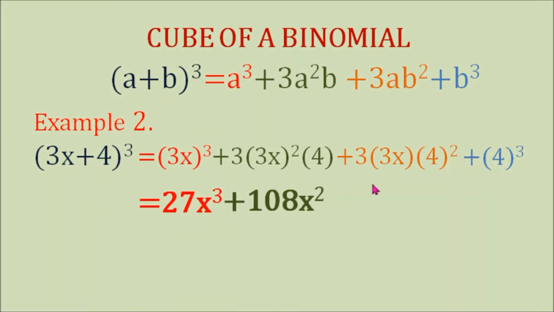For our third term, 4 squared is 16, times 3 is 48, times 3x, that's 144x. For our last term, it's 4 cubed, that means 4 times 4 times 4, and that's 64. So this is our answer, 27x cubed plus 108x squared plus 144x plus 64.